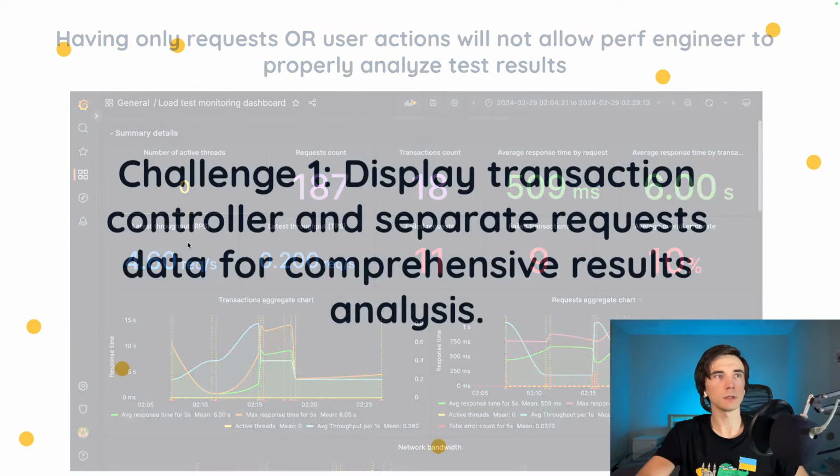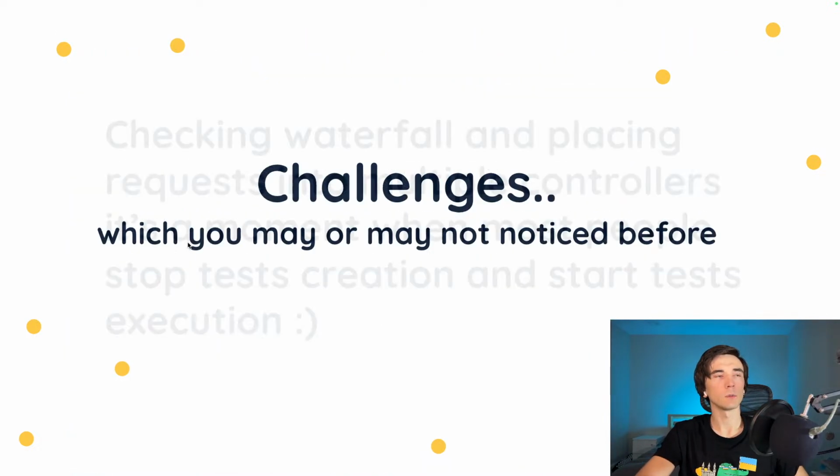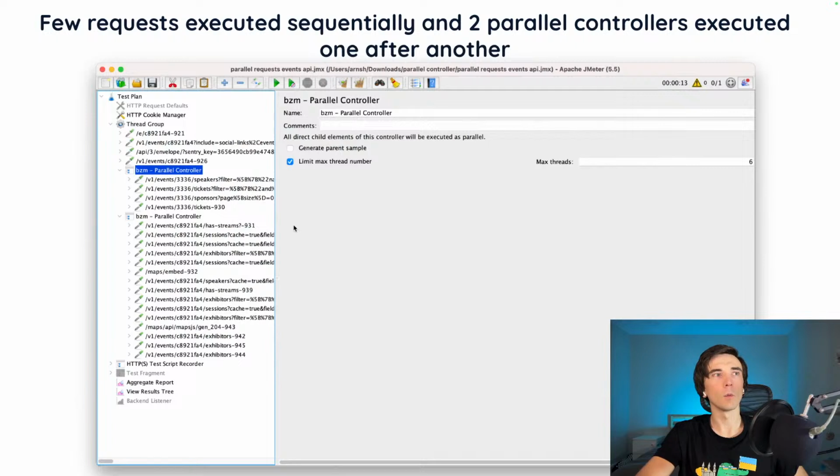In the previous example, it was open event page, and it had around 20 or 30 requests, right? So I want to understand the total, how long it took to load this page, and also how long this API call took, or events tickets took, and so on.